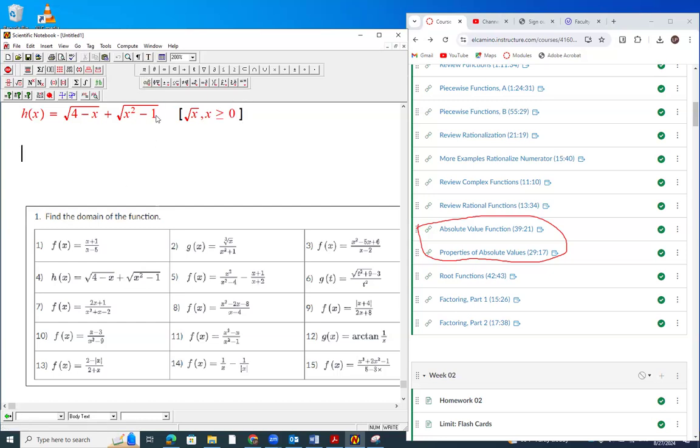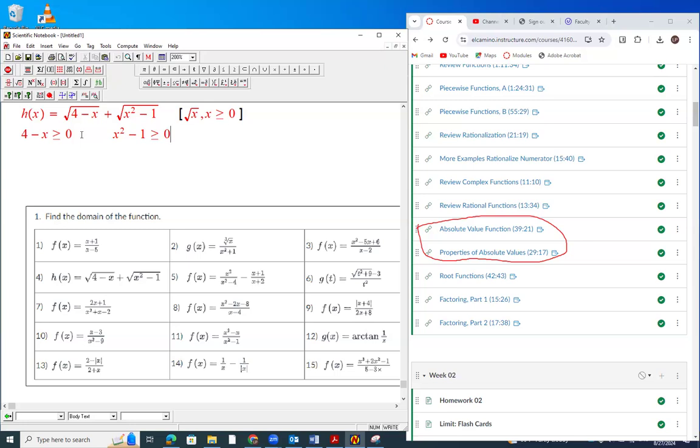So we have two roots. When we set up, we need 4 minus x greater than or equal to 0, and x squared minus 1 greater than or equal to 0.